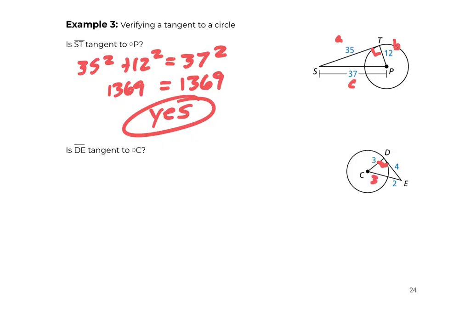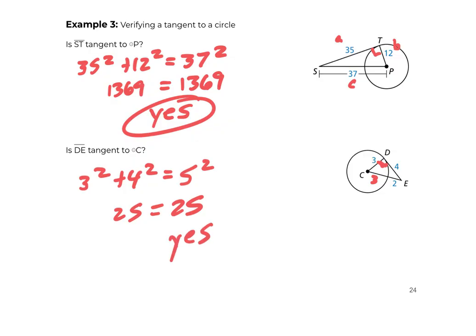So we would do 3 squared plus 4 squared equals 5 squared, which is true. This equals 25. I said I wasn't going to do it, but now that we're here, they are both equal. You just have to be really careful about what's given to you, okay? And then it's just a matter of proving that it does satisfy the Pythagorean theorem.